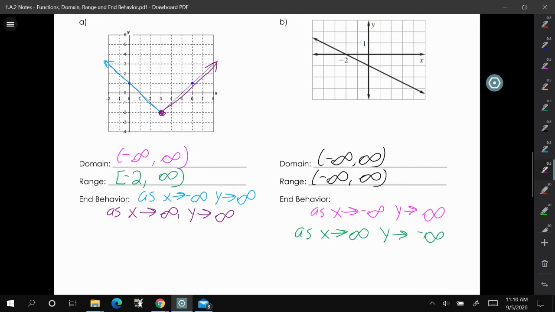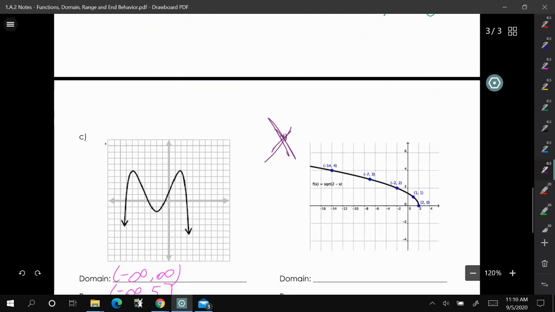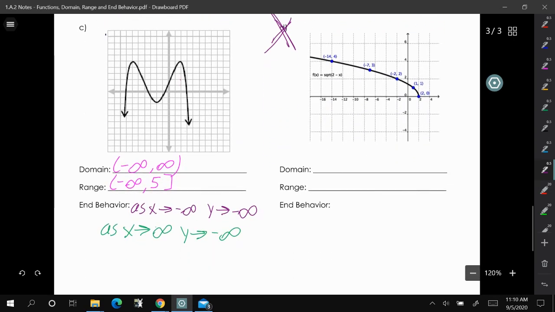And then there's your answer for letter C. In letter C, we have the top of the function right here and here, and it's at 5. Yes, we do have a bottom right here, but the y values do get even lower. So that's why the range is negative infinity, 5, with a bracket around 5.